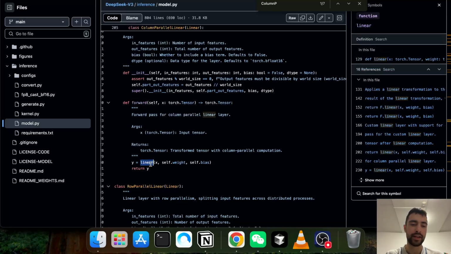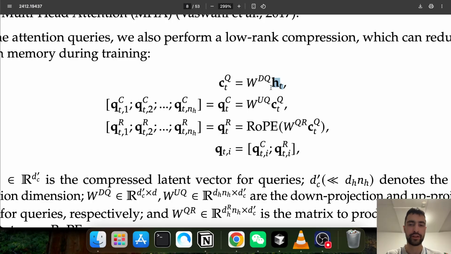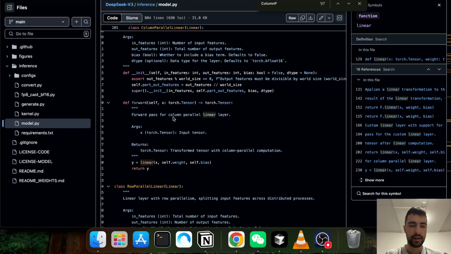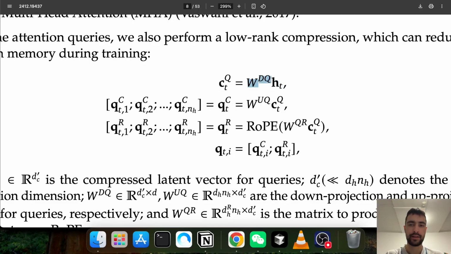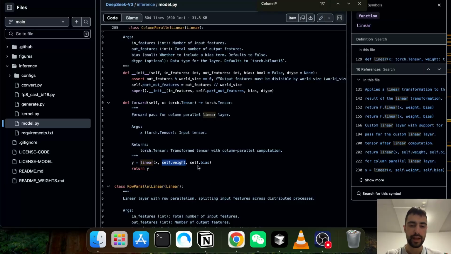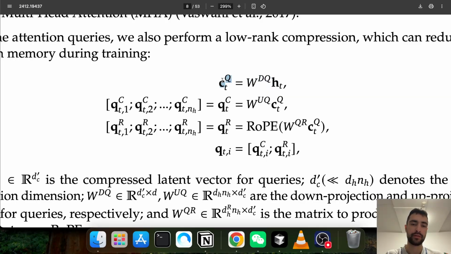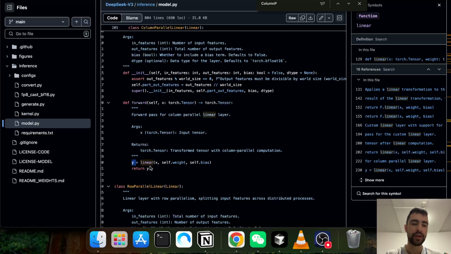We have input x, which is going to be this token vector, self weight, which is what the LLM learns during training, and self bias. We don't use that, and we get output y, which is going to be this one, and we return y.